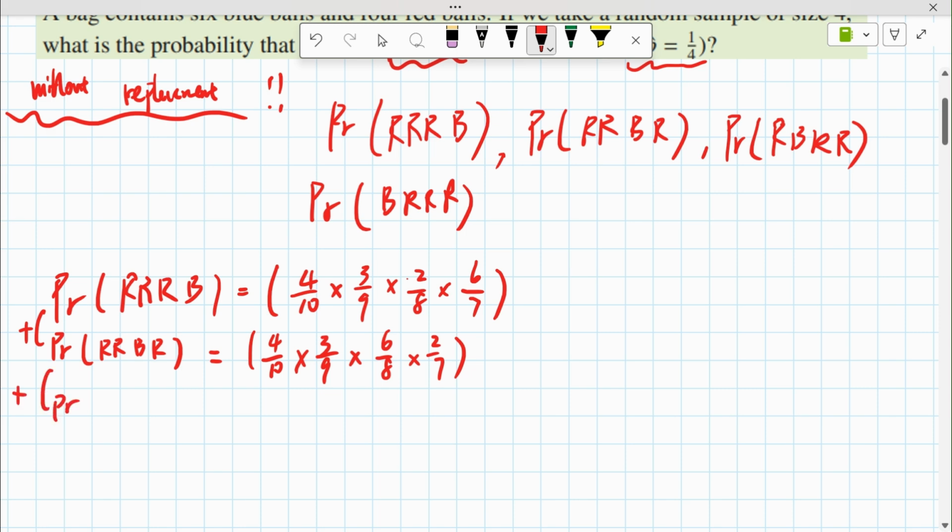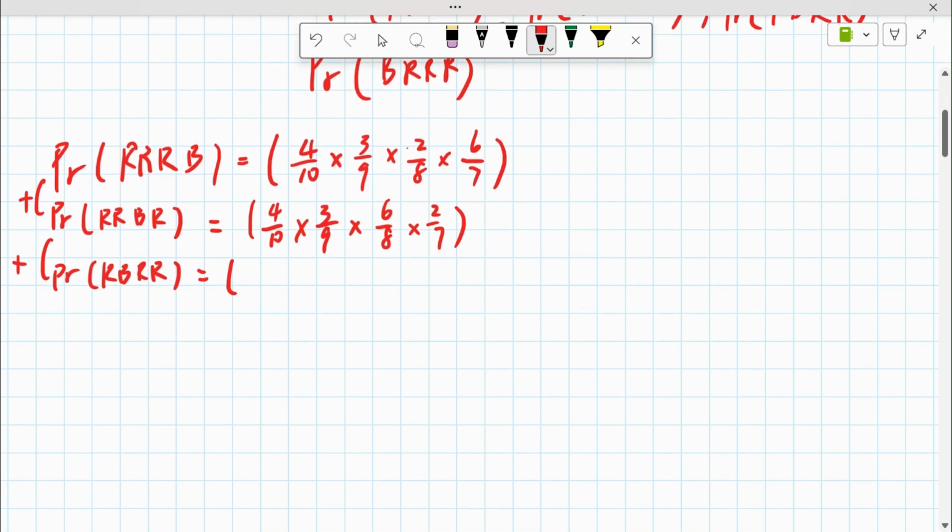The probability of red, blue, red, red equals 4/10 multiplied by 6/9 multiplied by 3/8 multiplied by 2/7. And you add again the probability of blue, red, red, red.